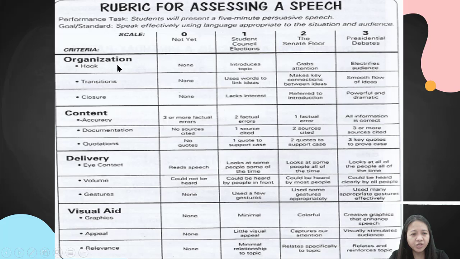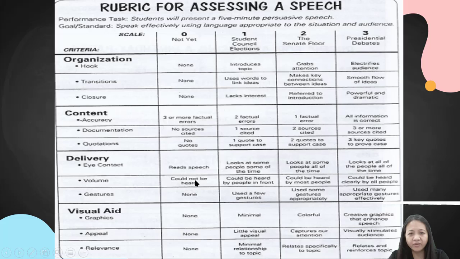We can have the organization here, how the students have the hook, the transitions, the closures, and with the descriptors here, and then the content, how they have the accuracy, documentation, quotations, the delivery, how the eye contact, the volume, the gestures, the visual aid, how they make the graphics appeal, the relevance.